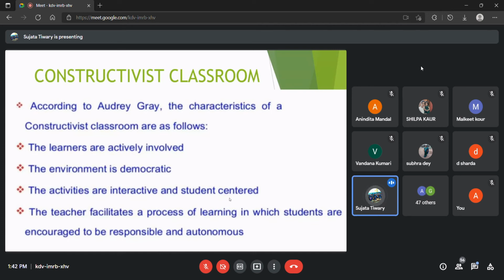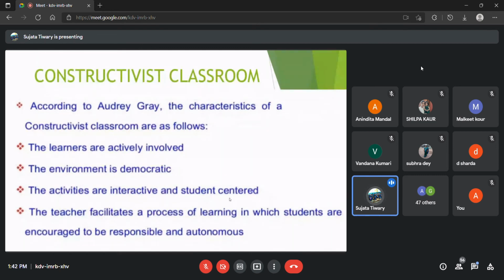They do their experiment, they follow the procedure, and they come with their inference, their result, their ideas. The teacher has to guide whether the children are doing it in the right way or not, providing the necessary help to them and encouraging them to come up with their ideas.